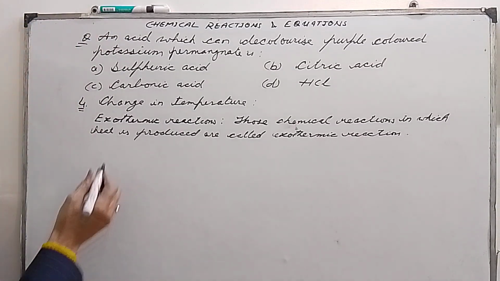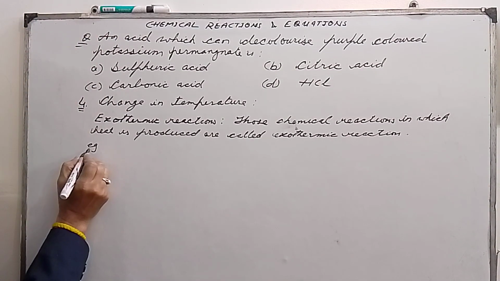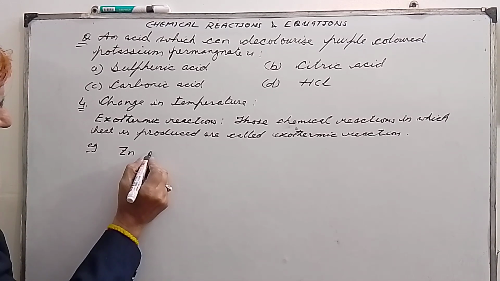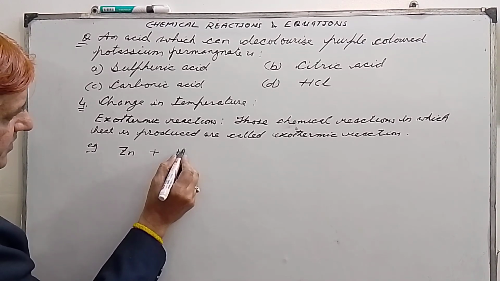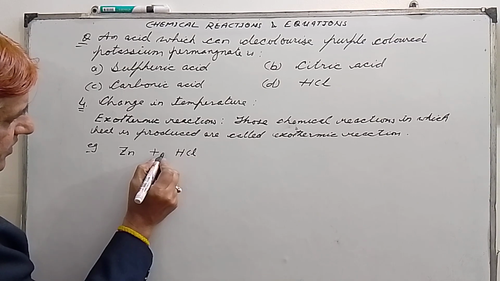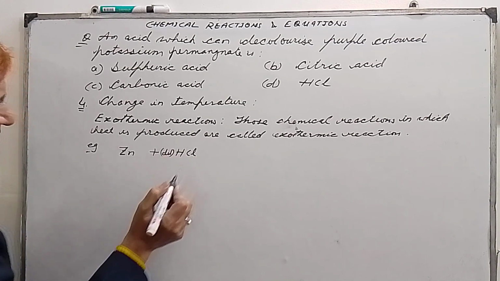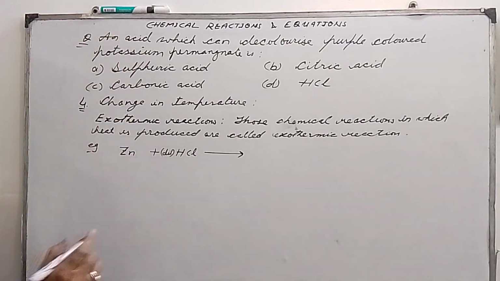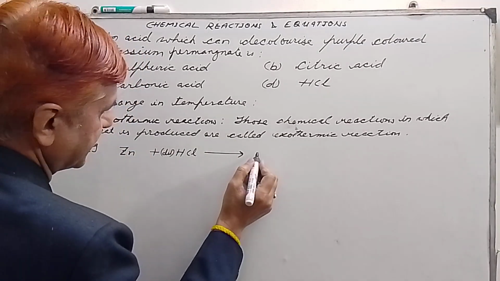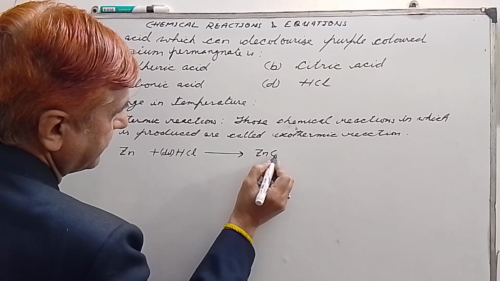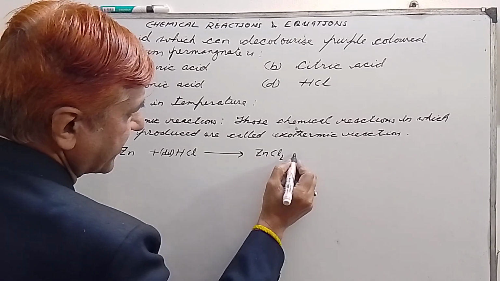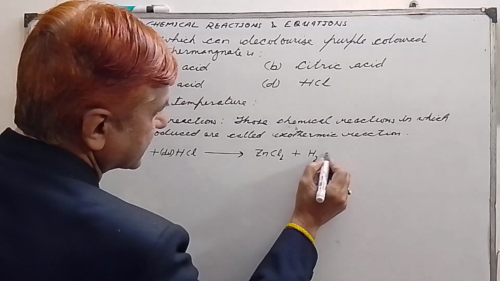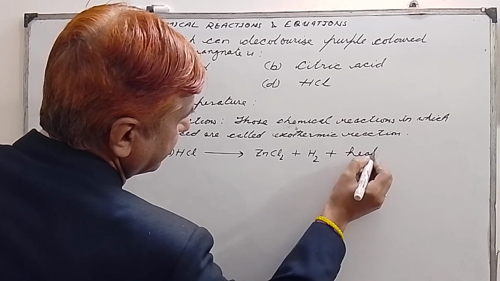For example, the reaction between zinc and hydrochloric acid. You take dilute hydrochloric acid, and here zinc chloride is formed and hydrogen gas is also produced, plus heat is also generated.